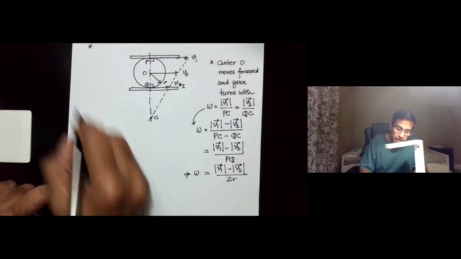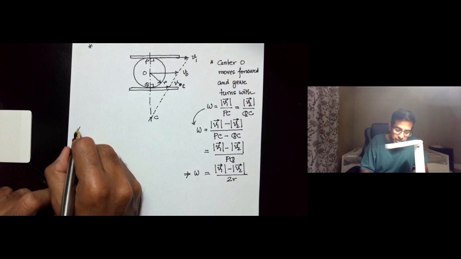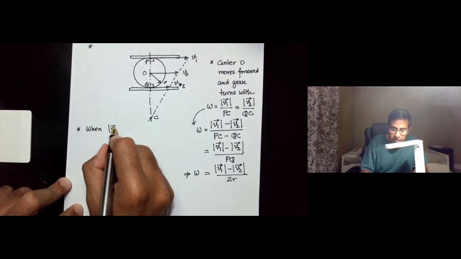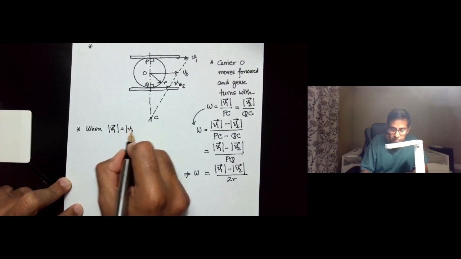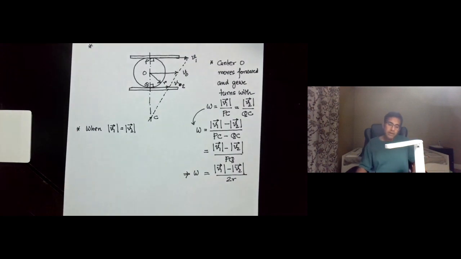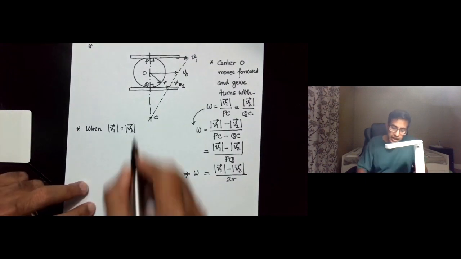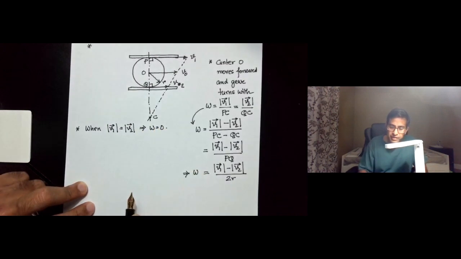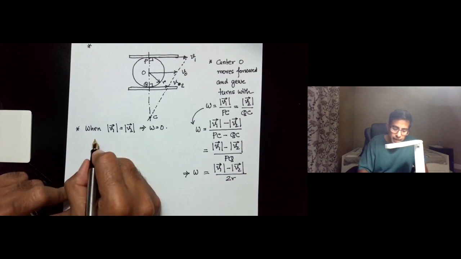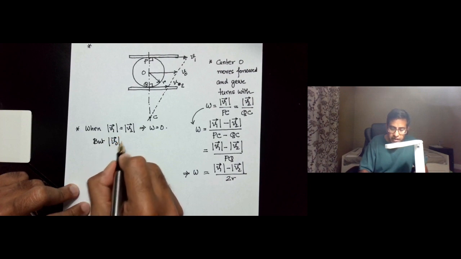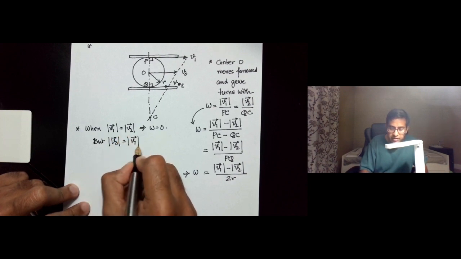Now one thing we can note here is that when V1 is equal to V2, that is, the top bar and the bottom bar are moving with the same linear speed, then omega is equal to 0. But VO is equal to V1 is equal to V2.